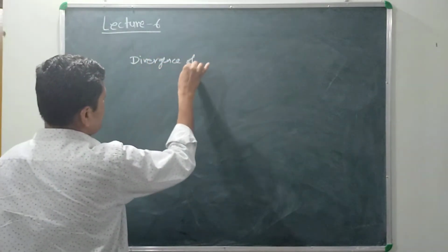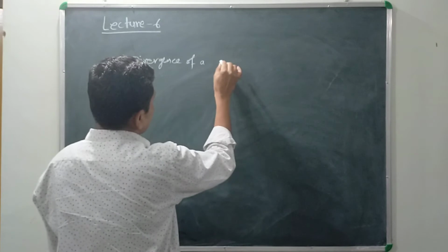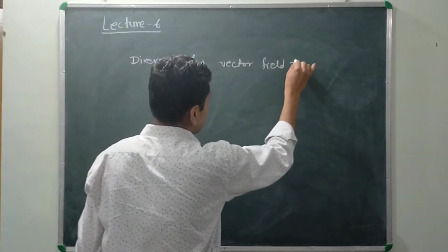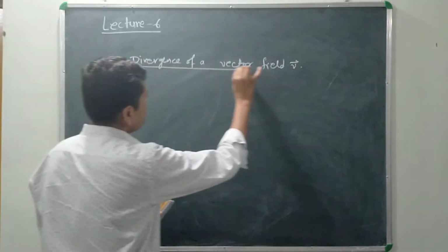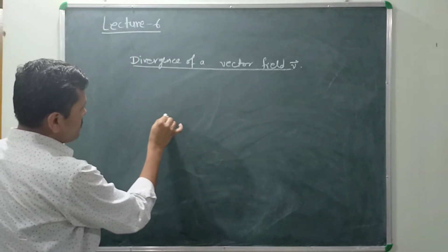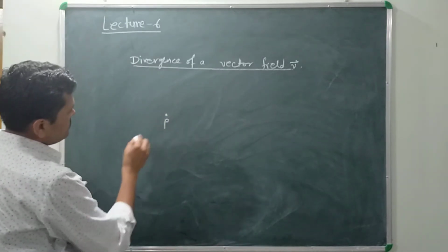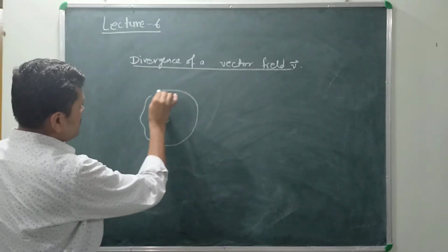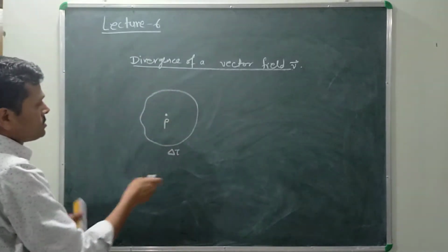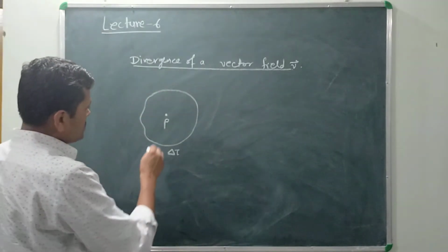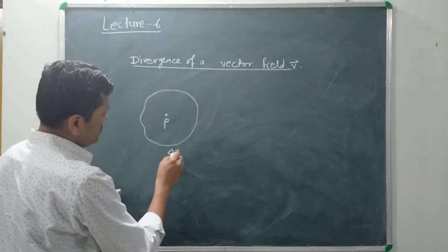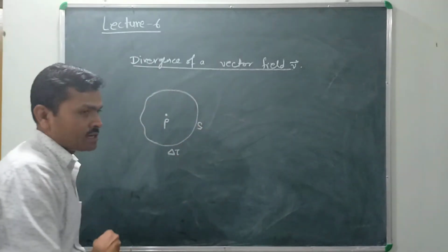First of all, let us consider a point P in a space and an elementary volume delta tau enclosing this point P. This point P is enclosed by this closed figure having volume delta tau and surface area say S.